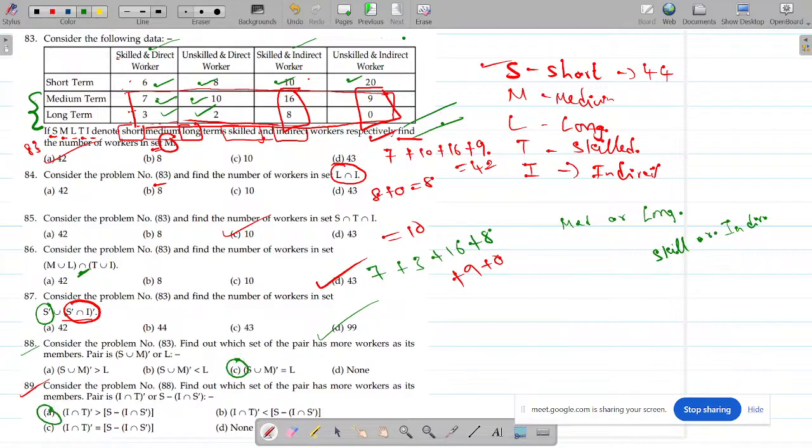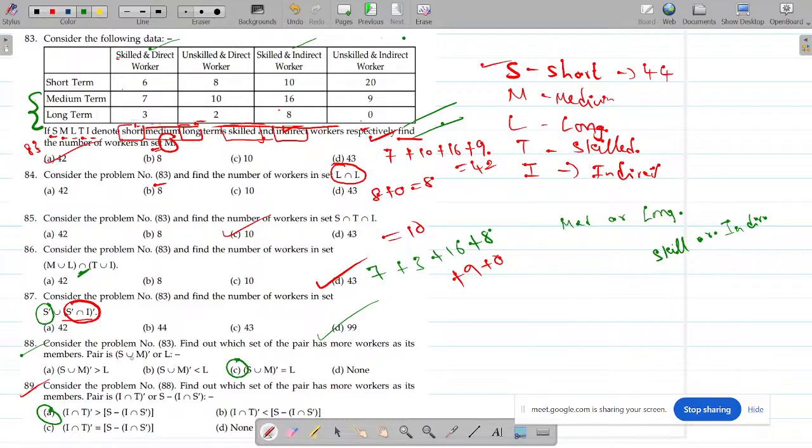So shall I work out 88? Find out which set of the pair has more workers. Which means we have to compare greater than or less than. So let me go for markings. Actually, we cannot do so much scribbling in the question paper, but you can visualize. That's what I'm doing here.